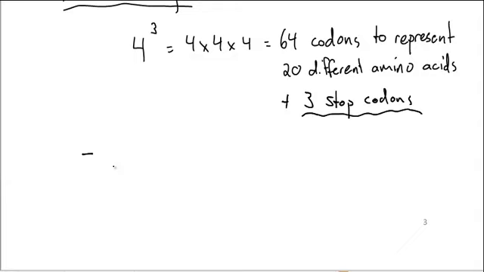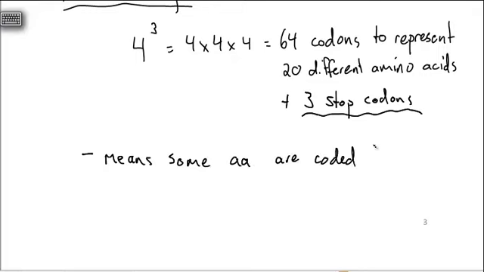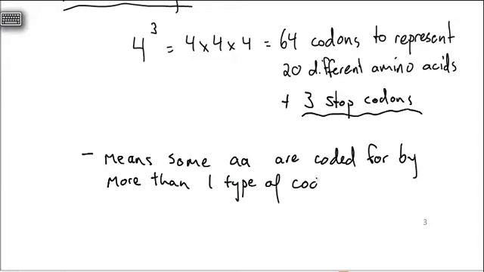And what happens is it means some amino acids are coded for by more than one type of codon.